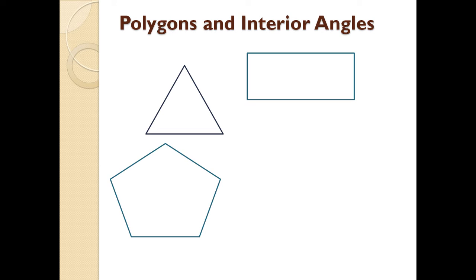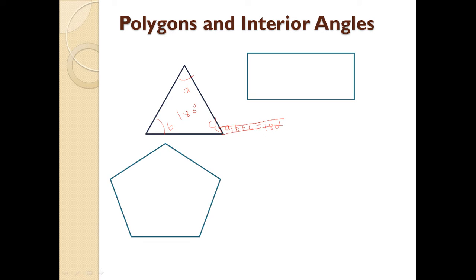Now we will discuss the interior angles of a quadrilateral. We all know that the sum of the interior angles of a triangle is 180 degrees. If we add all 3 angles, A, B, C, then angle A plus angle B plus angle C is 180 degrees.